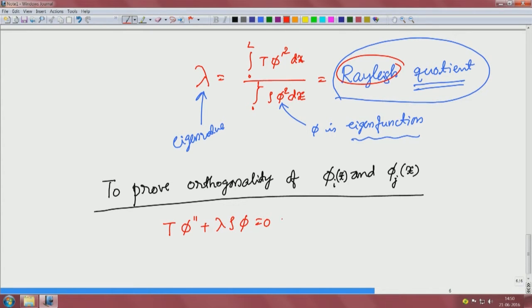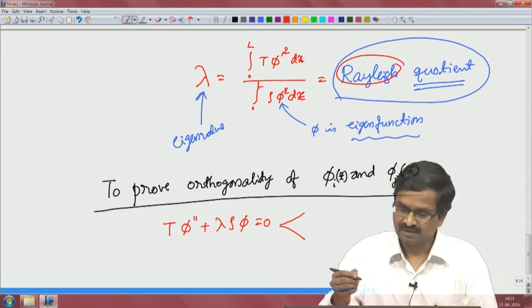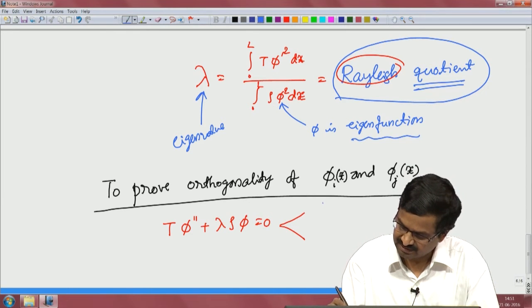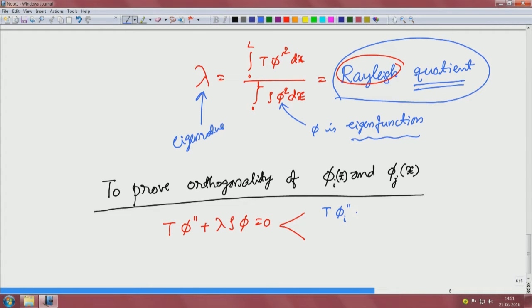We will instantiate this equation for phi i and phi j, because we said there are infinite lambdas and infinite phis. So, we write T phi i double prime plus lambda i rho phi i equal to 0, and the other one, T phi j double prime plus lambda j rho phi j equal to 0.